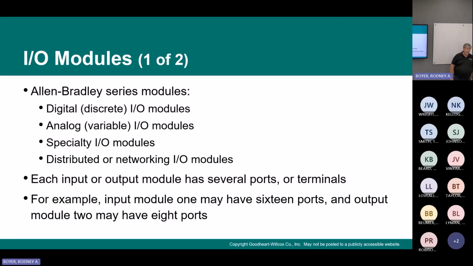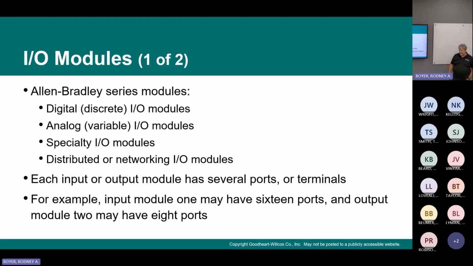Actually, that's not true because there are discrete steps, but there's enough of them to pretty much say that it's infinite. Also special modules and distributed or networking modules. You do have those with MicroLogix as well. They're just not in the rack.